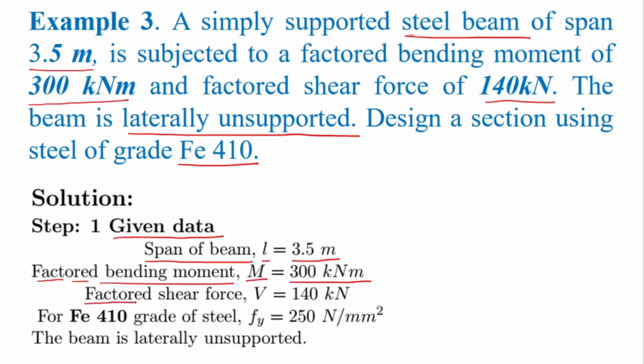Then the factored shear force, which is denoted by P, is 140 kN. For Fe 410 grade of steel, the yield stress, which is denoted by Fy, is 250 Newton per mm square. Also, the given beam is laterally unsupported.